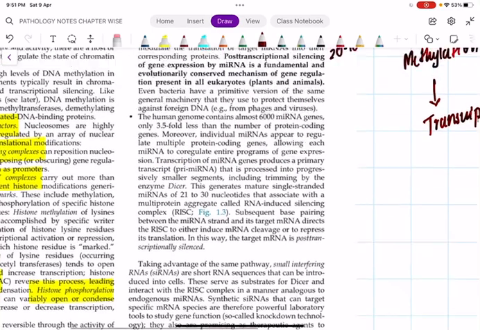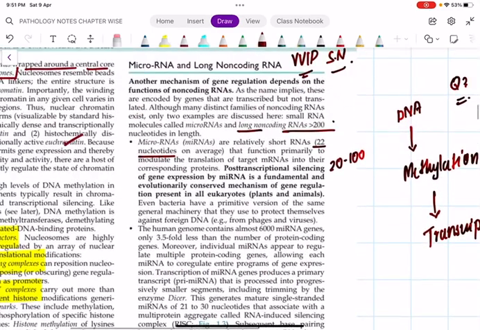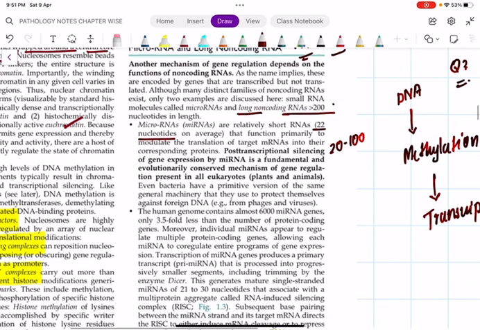Fine. And remember the microRNAs, they are very short RNAs. And what is the important function of this microRNA or miRNA? When this miRNA is expressed, what happens? Post-transcriptional silencing happens. That means transcription won't happen, translation won't happen, protein synthesis does not happen.